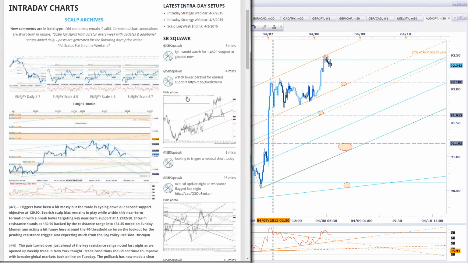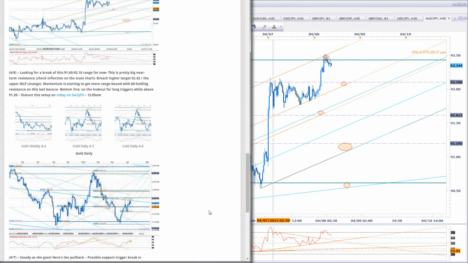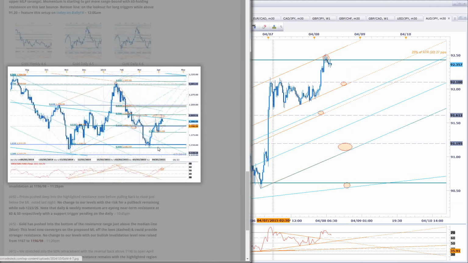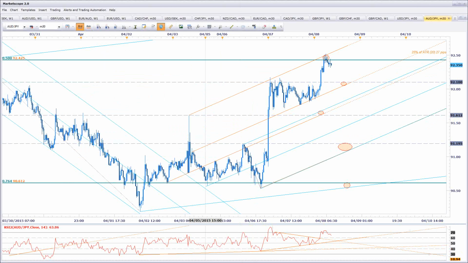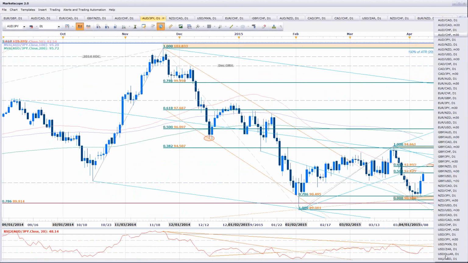So I do want to jump into some dollar crosses, but before I do, a quick update on what the gold trade is doing. The pullback was materializing yesterday right off of that major key resistance, 1223 to 1225. Again, the cleanest of the commodity block by far.